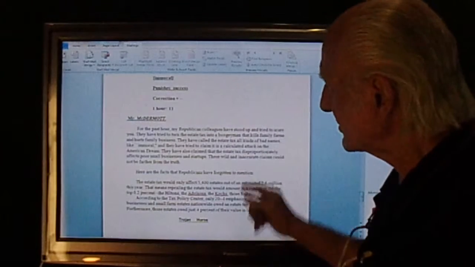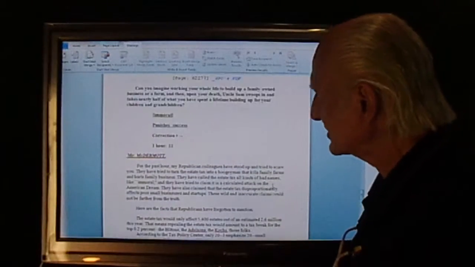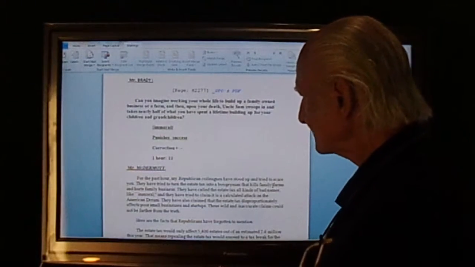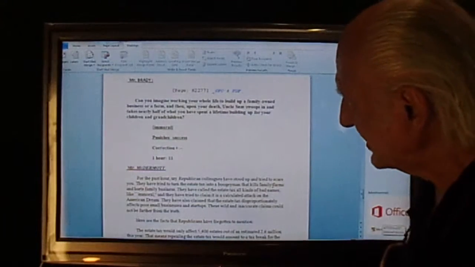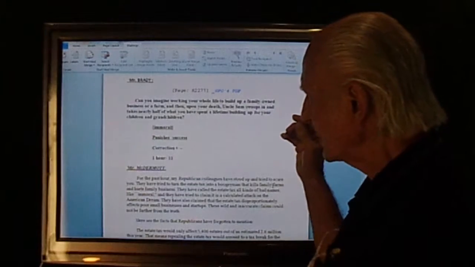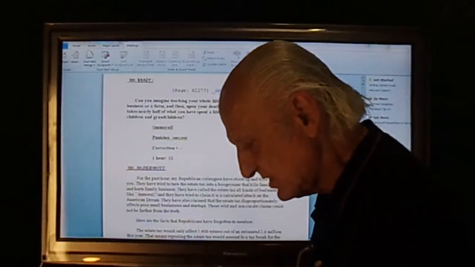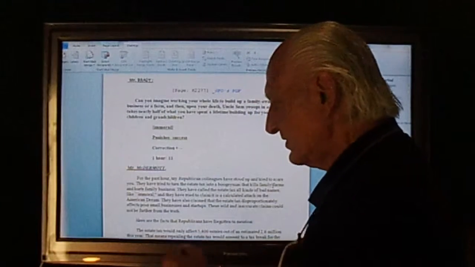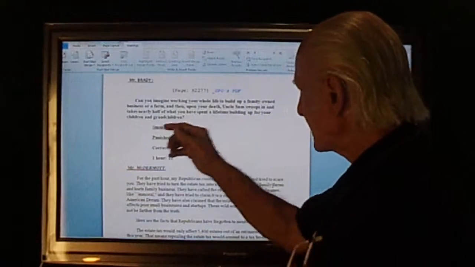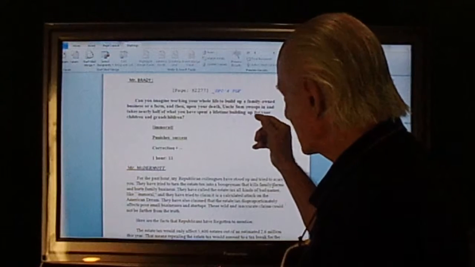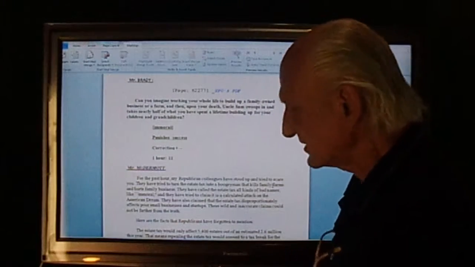Now let's go back up here to this statement by Mr. Brady. What are you saying here? If you own a family business or farm, it doesn't make any difference whether small, medium, or large, the government's going to swoop in and take nearly half. Well, that's a false statement.